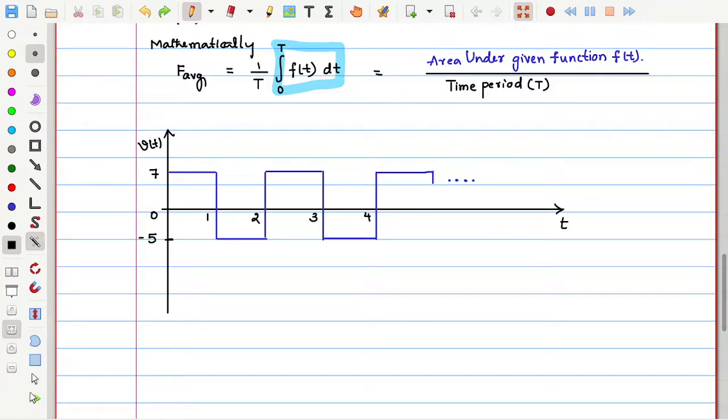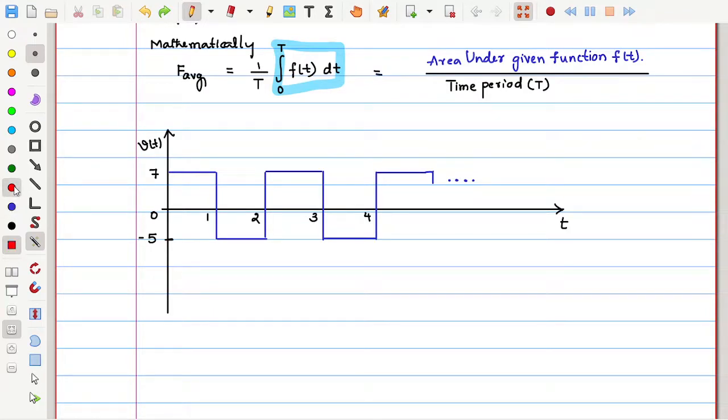Once I know how to put v of t in some mathematical form, we all know how to do the integration for that function. What else we need is the time period T. Could you identify a certain pattern repeating for every certain interval of time? What is that duration?